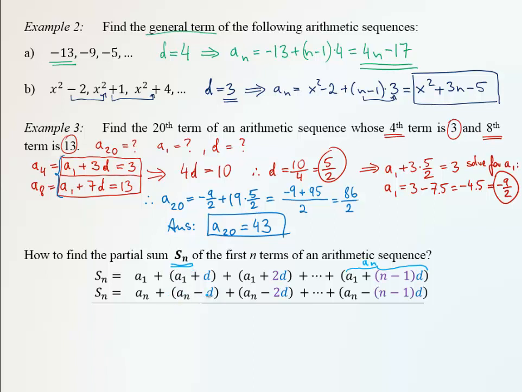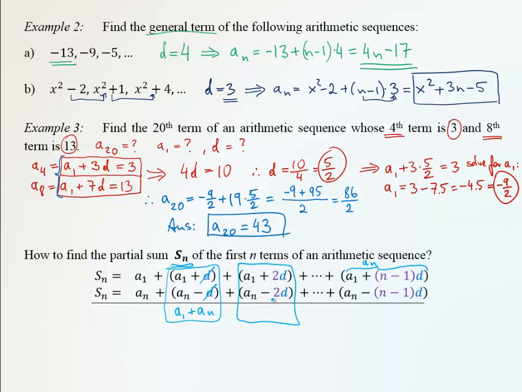However, by writing in such a form, we take advantage of the fact that the sum in each column will actually be the same, because we are adding a1 plus an, but the d's will be gone. So the sum in that particular column is a1 plus an. But let's see the next column.